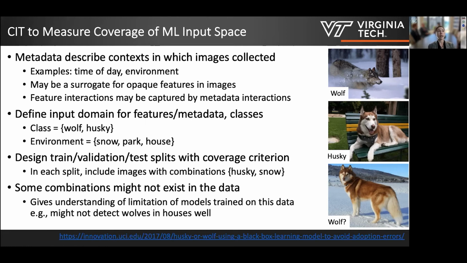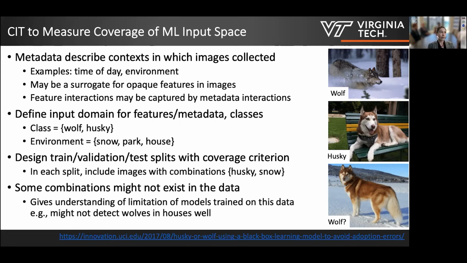Maybe lighting at night outside in the dark might make an image difficult to classify, versus lighting in the middle of day outside would be a very different scenario. Lighting inside, no matter night or day, because we have electric lighting, might not have the same interaction between time of day and environment. And so we might be able to capture things that are happening in the images. That low lighting scenario might be captured by the interaction between the metadata, time of day, and inside or outside.